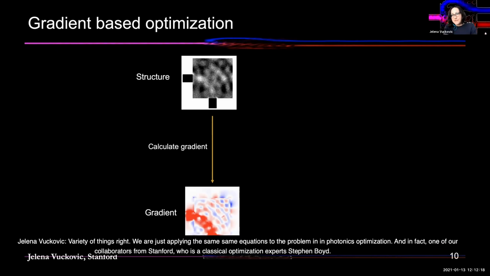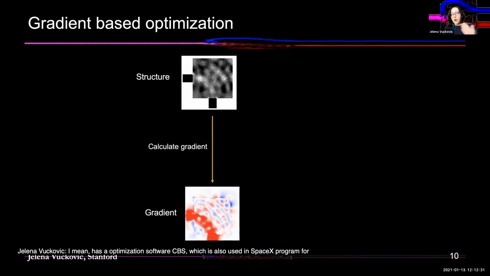We are just applying the same equations to the problem in photonics optimization. In fact, one of our collaborators from Stanford, who is a classical optimization expert, Stephen Boyd, has optimization software, CVX, which is also used in the SpaceX program for guiding rockets, right? So anyway, that's used broadly in many other applications, but we're just using it for photonics.